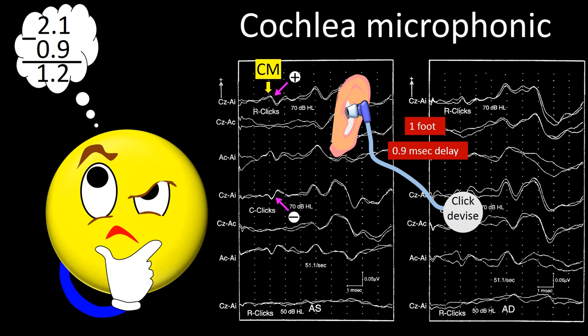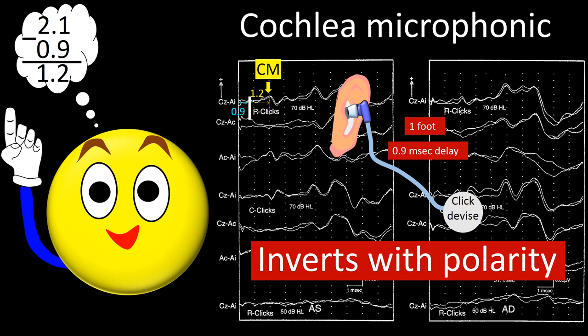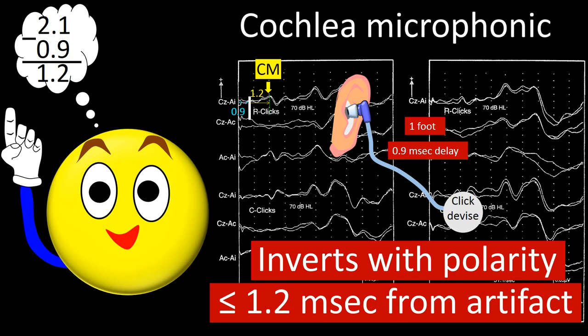This is further supported by the wave polarity inversion that occurs during the change in stimulus polarity. So, inversion with the stimulus polarity and occurrence no later than 1.2 milliseconds after the stimulus indicate that this first positive wave in vertex to ipsilateral ear is indeed cochlear microphonic.